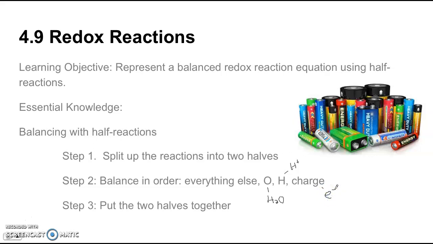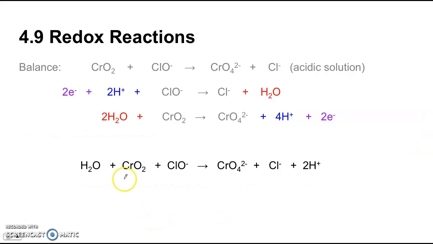And I'll show you that process. We'll go through an example on the next slide. But once each half reaction is balanced for these things, then you put the two halves back together again. So here's an example. We have this reaction right here, and it's in an acidic solution.